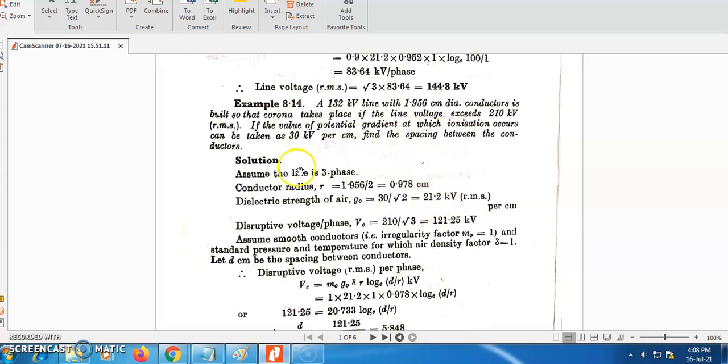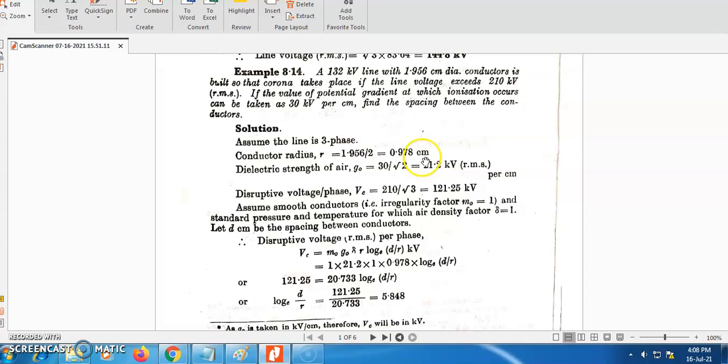So assume that it is a three-phase line and the conductor radius is 1.956 divided by 2, which will give this much centimeter, and the dielectric strength RMS quantity is 21.2 kilovolt, and the disruptive voltage per phase. And this dielectric strength may be asked as a multiple choice question, right?